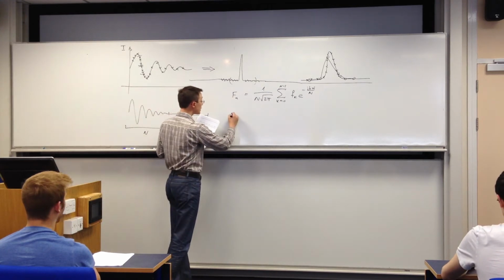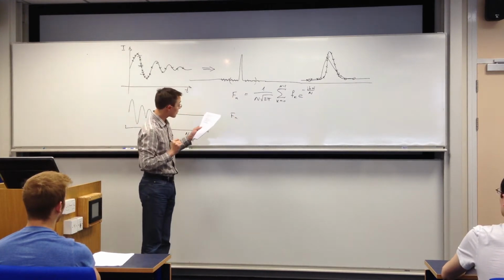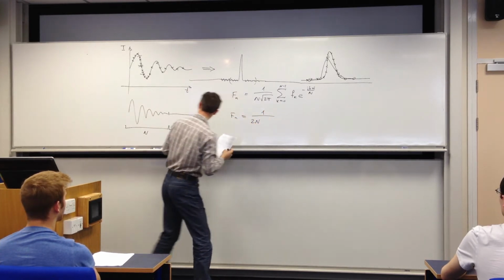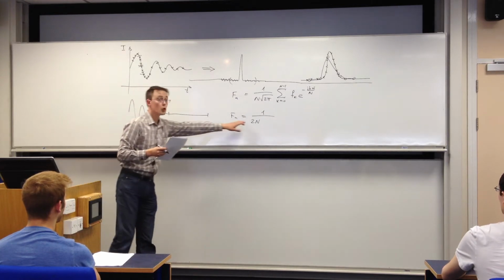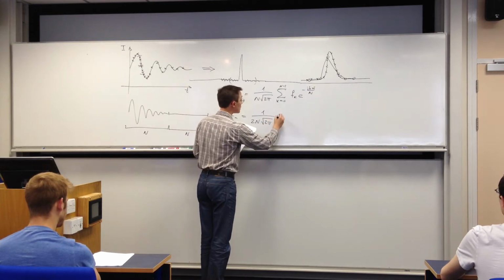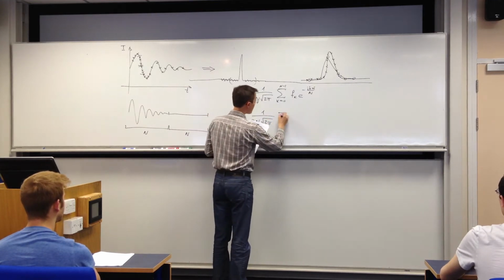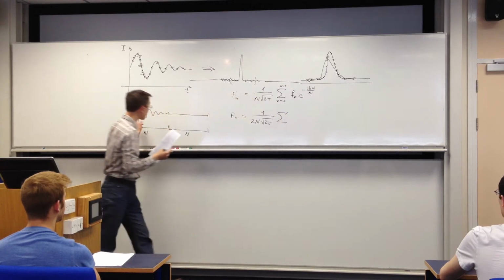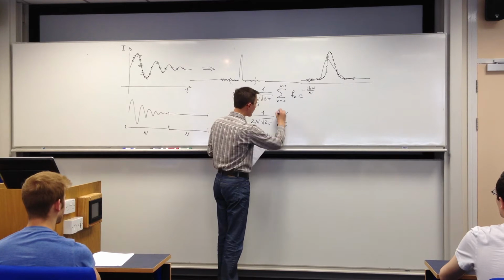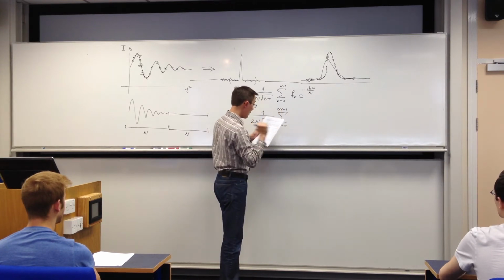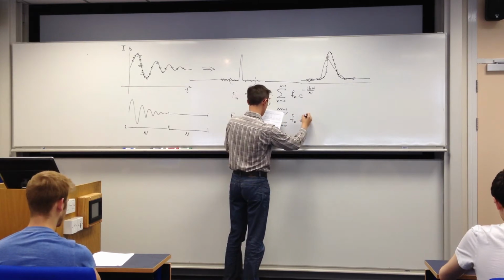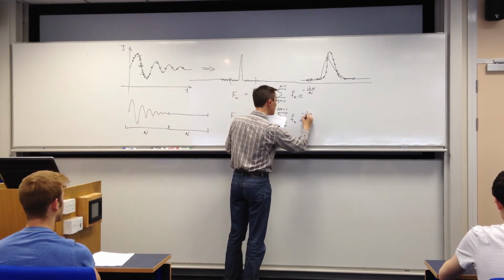Well, it's the same F_n, so the nth point of the Fourier transform will be 1 over 2N, because we now have two N points in here, but it's just an overall multiplier, it's inconsequential, root 2 pi, but let's see what happens under the sum. The sum is over the entire time domain signal, so it will now be from k equals 0 to 2N minus 1. And also it will have f_k e^(-ikn/2N).